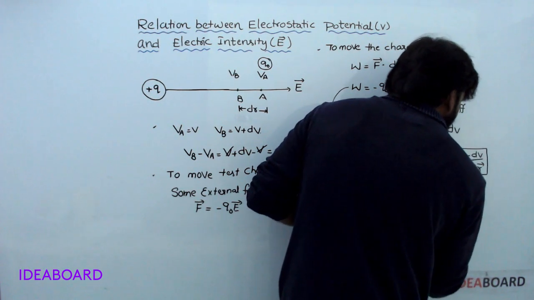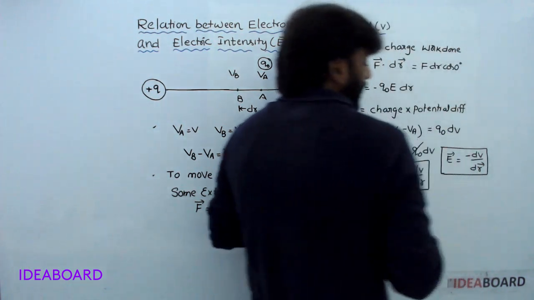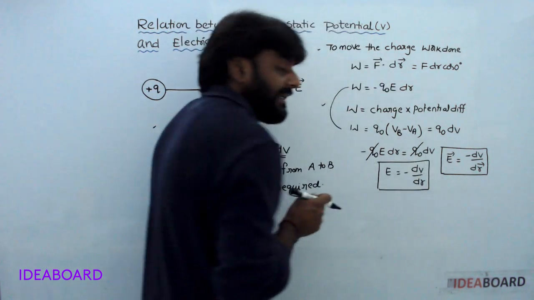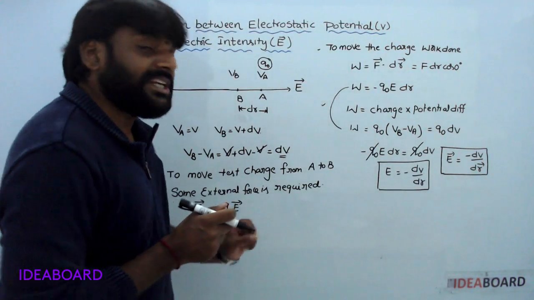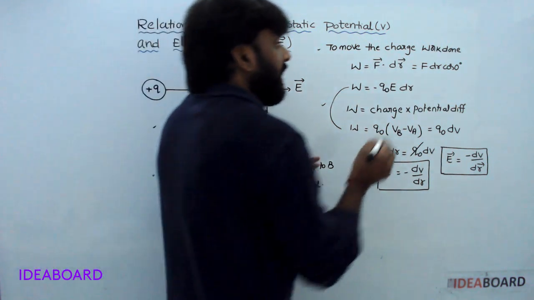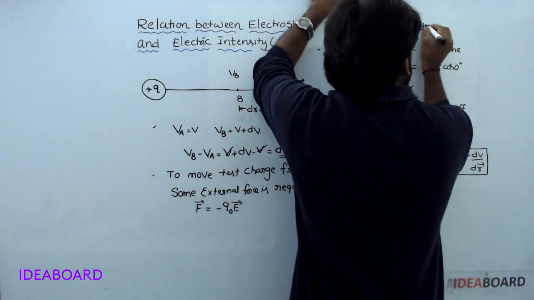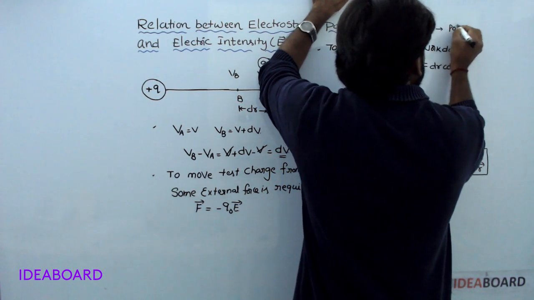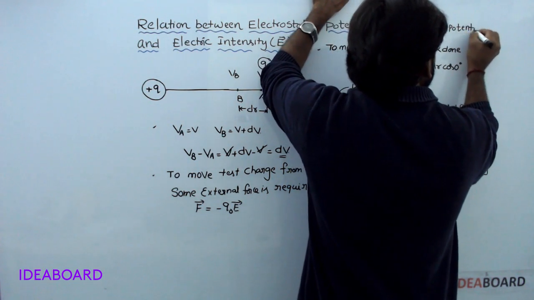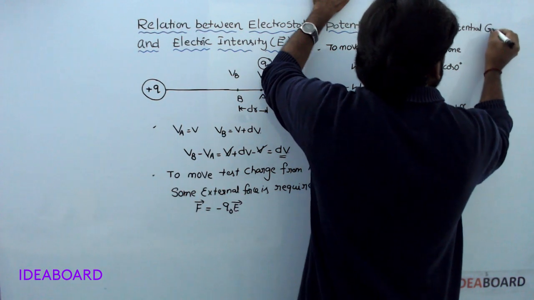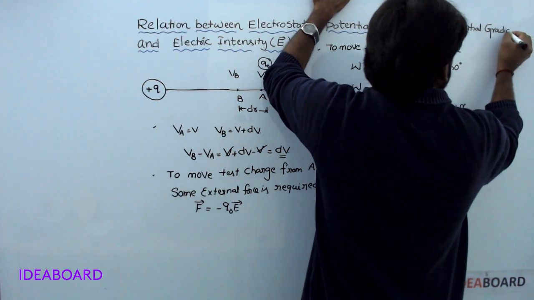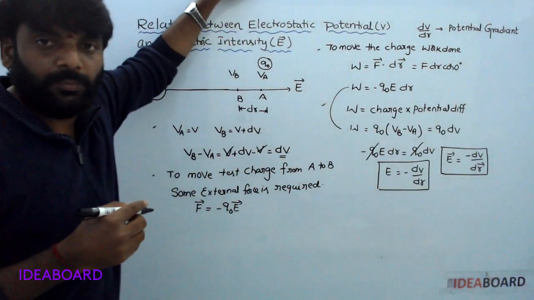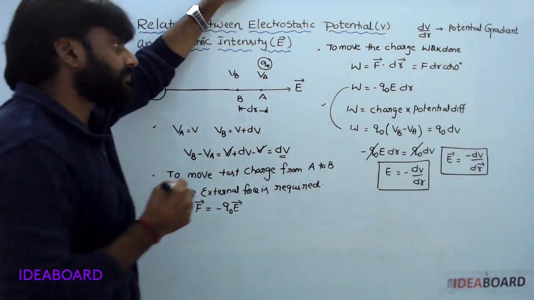Here dV by dr is nothing but the potential gradient.